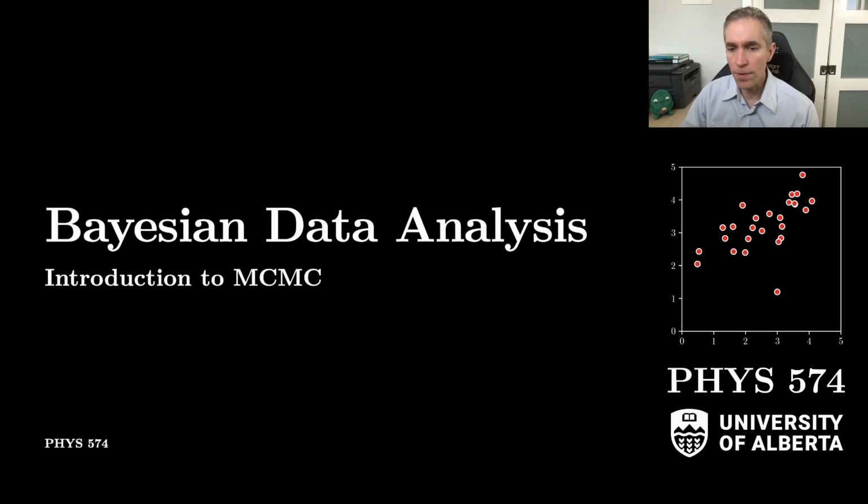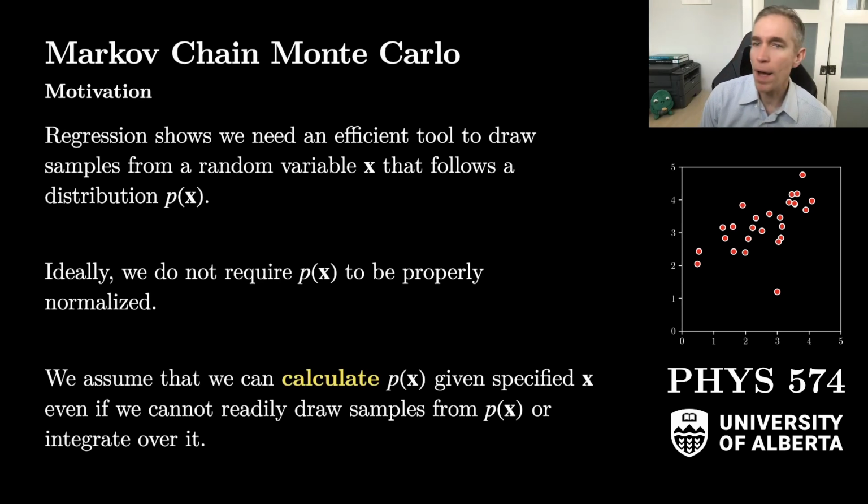So without further ado, let's think about why we call this a Markov chain Monte Carlo, and why we would want this. In the previous lecture on regression, we wrote down a bunch of posterior distributions that were functions of data, and they were functions of the prior distribution.